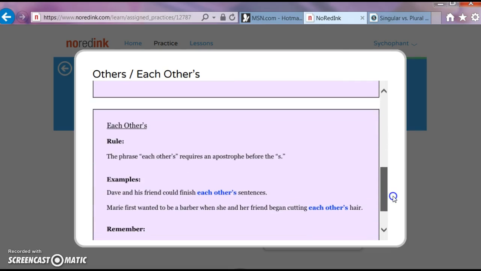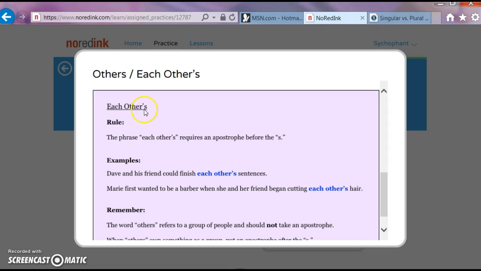So let's look at the last one. All right, so other apostrophe S. All right, the phrase each others requires an apostrophe before the S. Now this one is tricky because when you put an each in front of other, that basically breaks up the others and sort of individualizes them. Here's an example. Dave and his friends could finish each other's sentences.